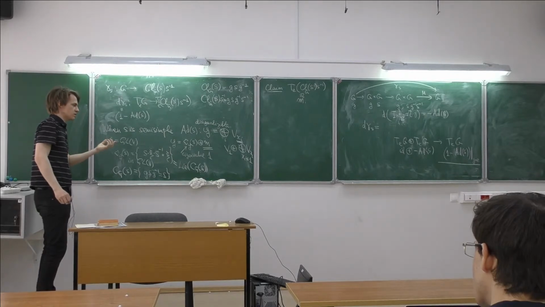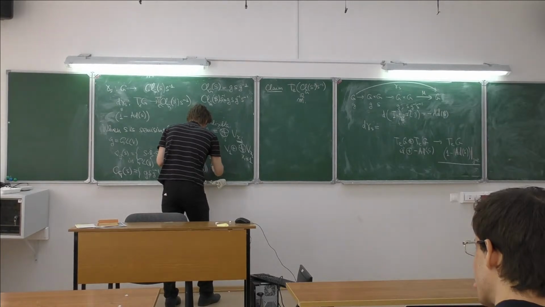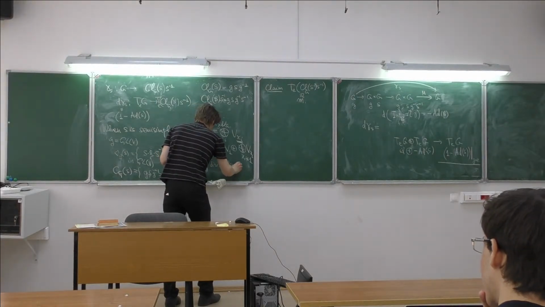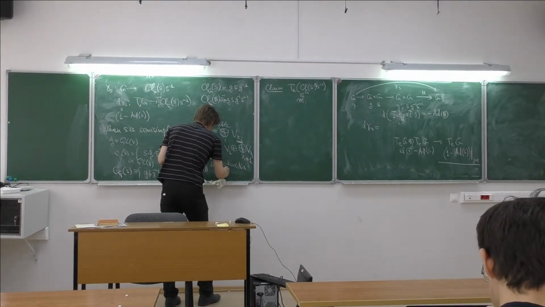So this is a direct calculation in GLV, for G equal to GLV.